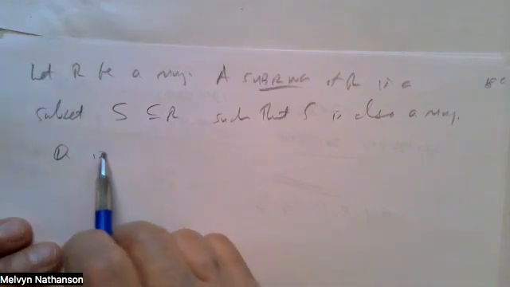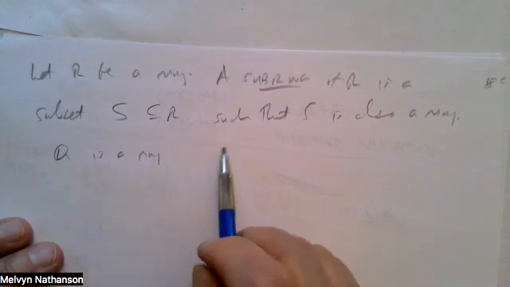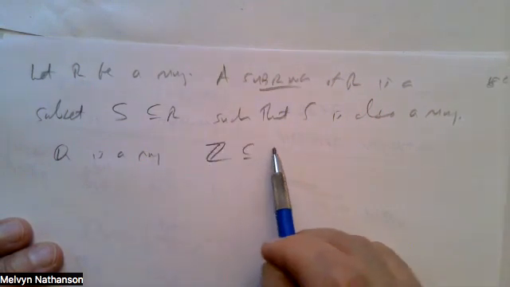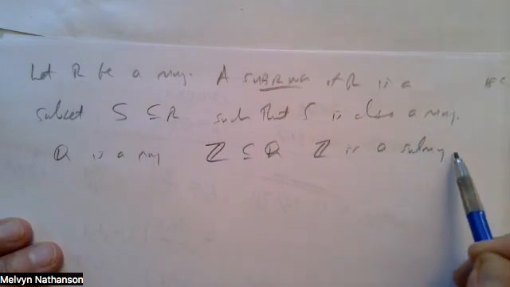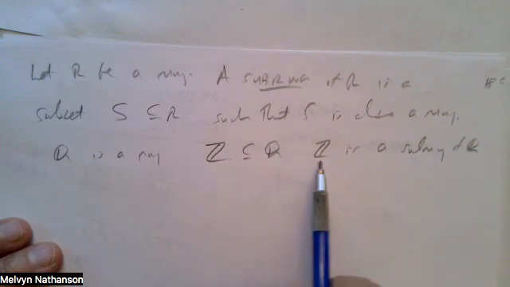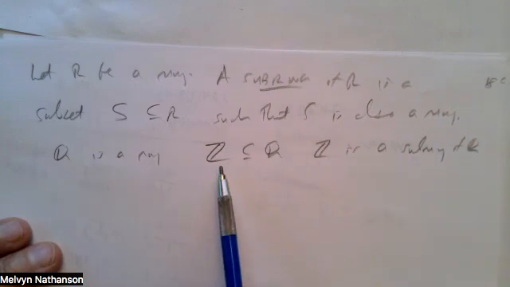So for example, Q, the rational numbers, is a ring. The integers are contained in Q, and Z is a subring of Q under the usual addition and multiplication. C is a ring and it's a subring.